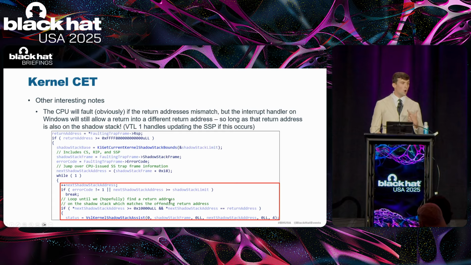And if the stack value which caused the violation is found anywhere on the shadow stack, we use our assist functionality to fix up the shadow stack, and execution can continue. So you can still overwrite return addresses on the stack as long as the address you're overwriting is also found on the shadow stack still, which is a very interesting note.